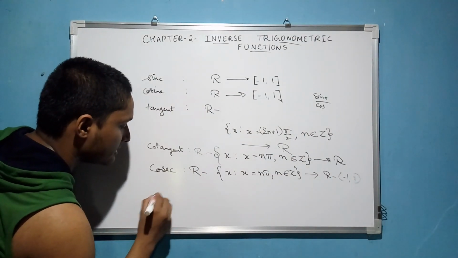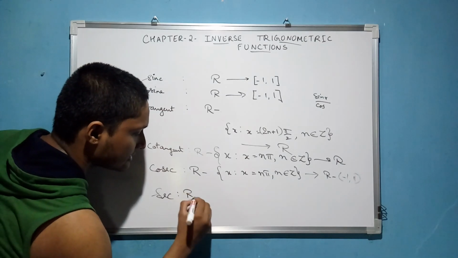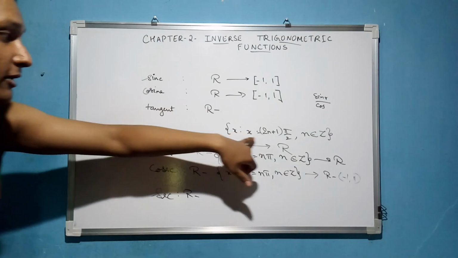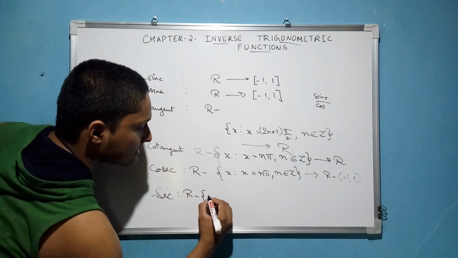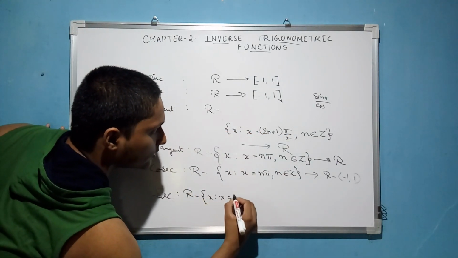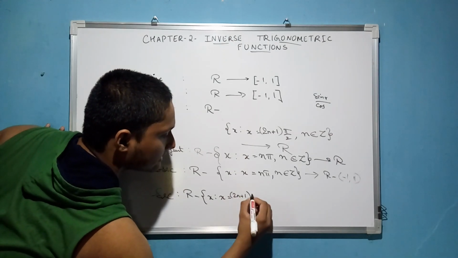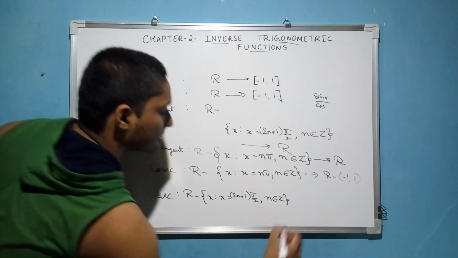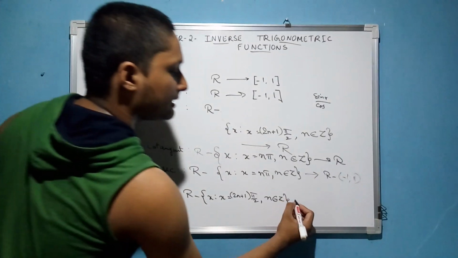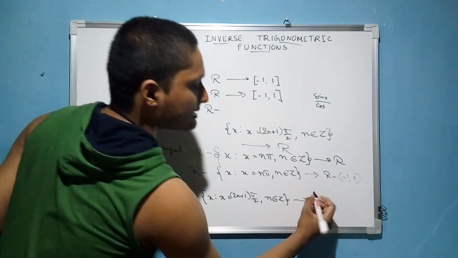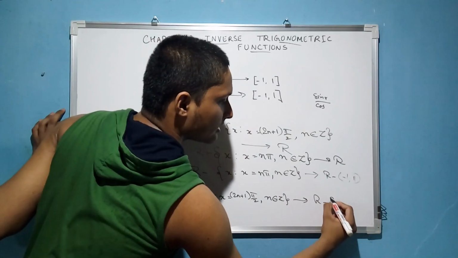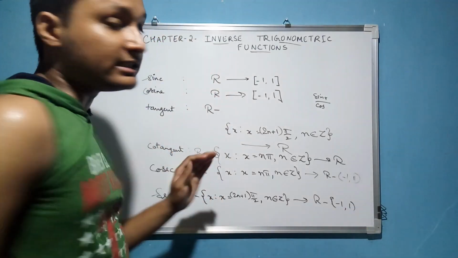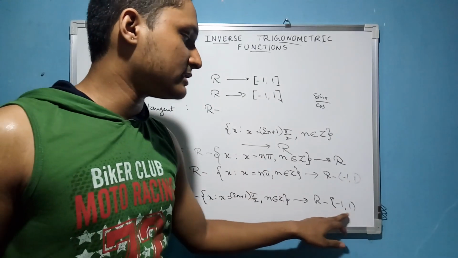Now we have the sec function. Sec function has cos in the denominator, so the domain should take this form: R minus the set where x is equal to (2n plus 1) pi by 2, where n is an integer. So these numbers are excluded, and the range is the same, that is R minus the open interval -1 to 1.